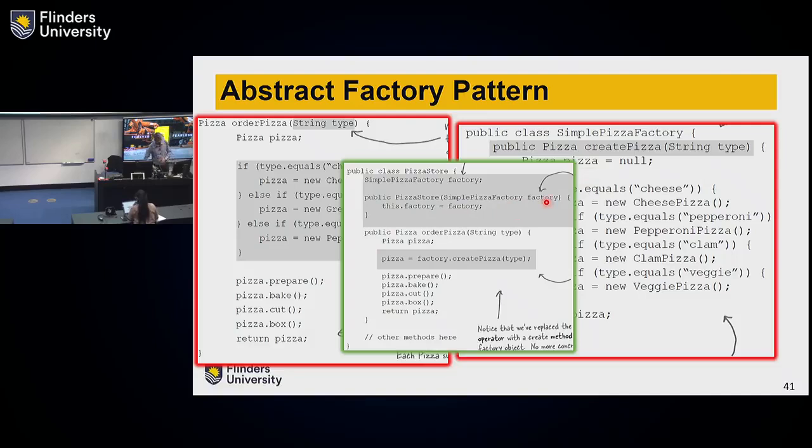So this is the abstract factory pattern, where we pull out all the creation of the objects and create a separate class that creates those objects, and we name it a factory. Factory basically creates objects. And then when we want to create a pizza, we assign a factory that can be used to create those pizzas. So this is the abstract factory design pattern.